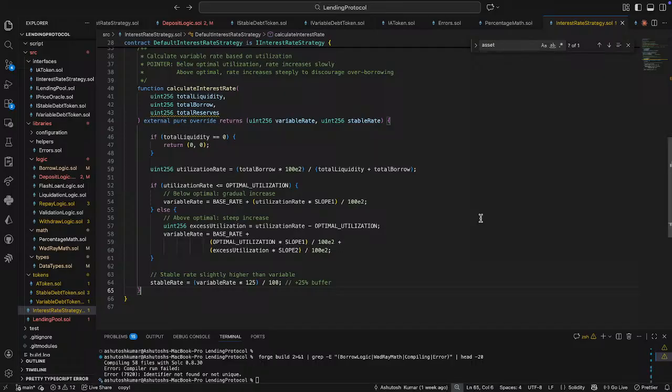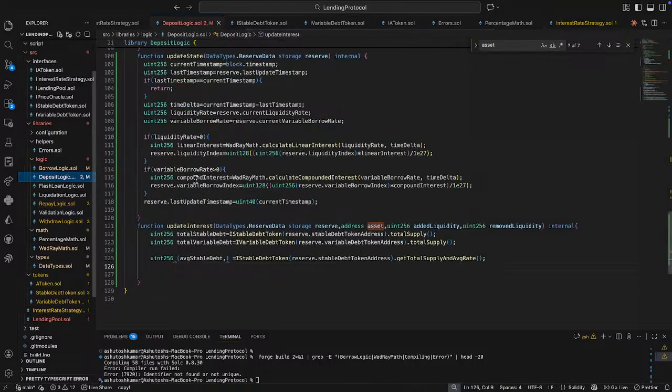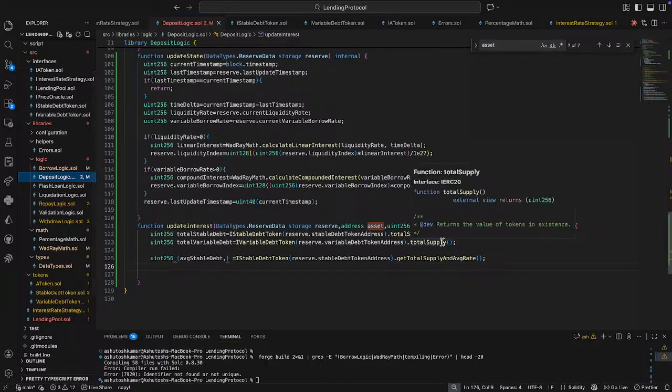Reserve कितना है? Okay. Reserve, total supply.